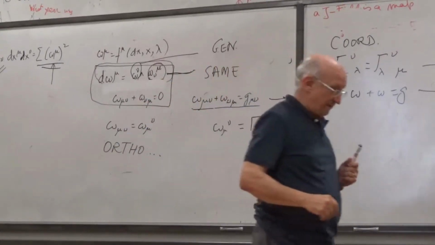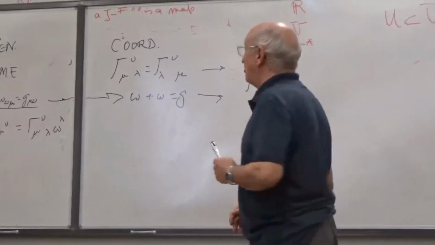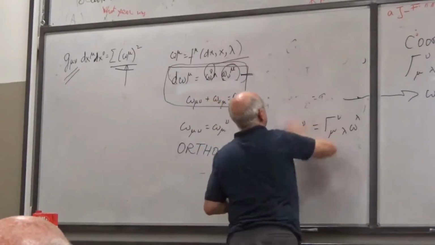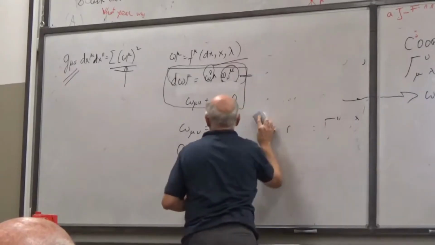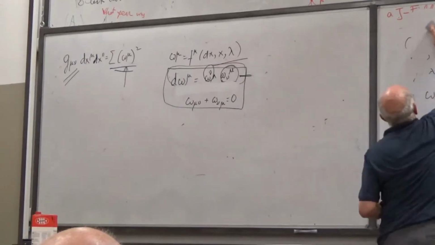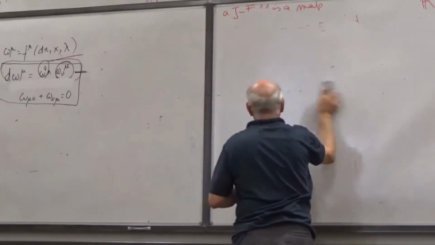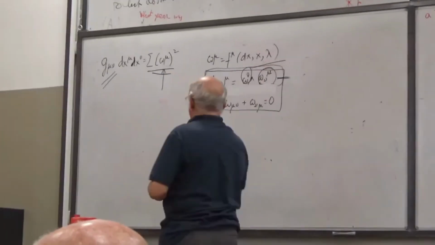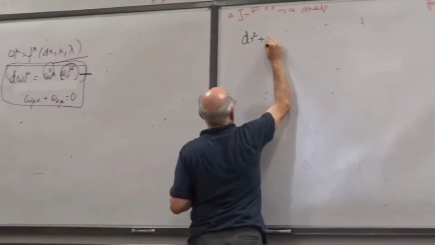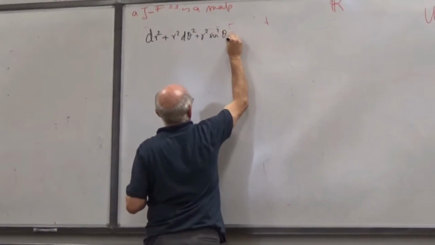I'm going to do one which will be good to obtain divergences and curls, etc., in spherical coordinates: dr squared plus r squared d theta squared plus r squared sine squared theta d phi squared.